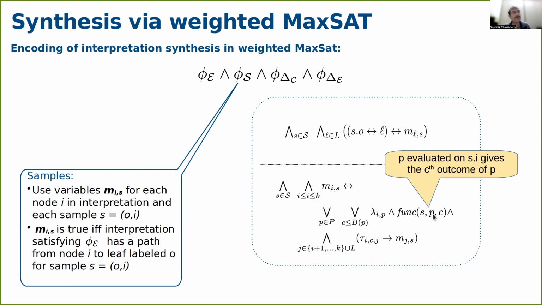So 9 a.m. will go to the 8 a.m. to 12 noon bucket, so that will maybe be the first bucket. And then the first child of the ith node, whichever J satisfies this, MJS has to be true. Only then MIS can be set to true. So if there is a path, then MIS will get set to true. And if MIS is not set to true, then this path doesn't exist, because there's an if and only if. Right?